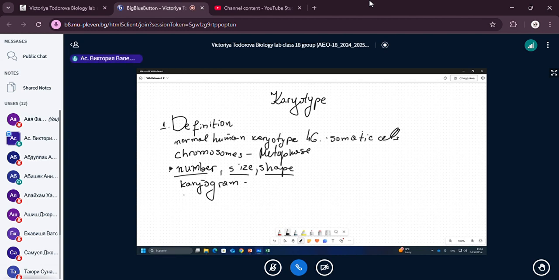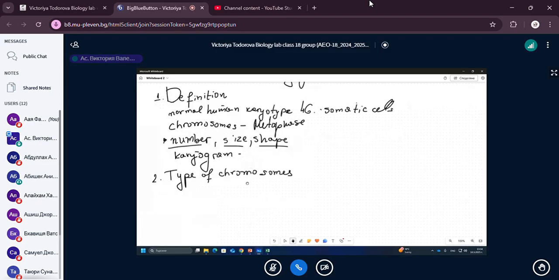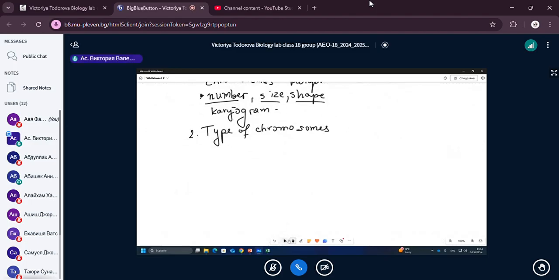After the karyogram, the second point here is types of chromosomes. Depending on the centromere, we can separate the chromosomes.